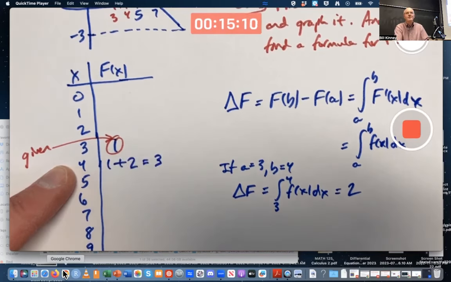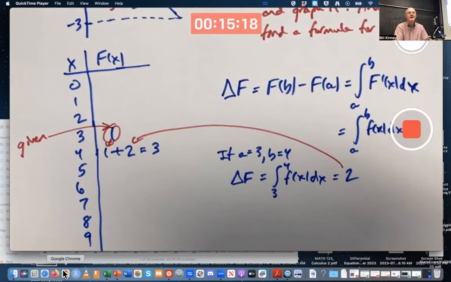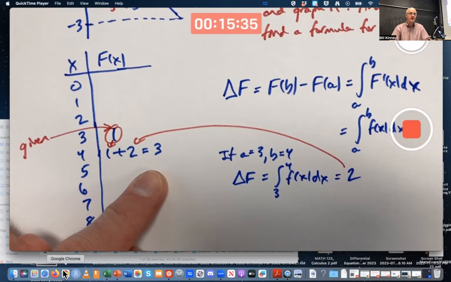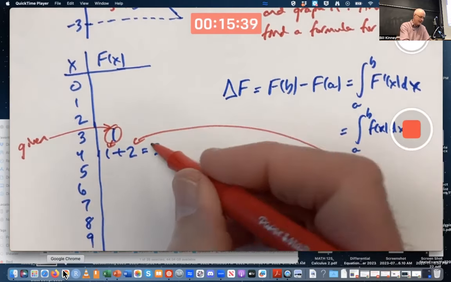The 1 comes from the previous value. The 2 comes from the value of the integral. Add them, get 3. 2 is the change in capital F. 1 is the starting value of capital F, so to speak. So the new value of capital F at this new value of x is 1 plus 2, which is 3. That is the next value of capital F.